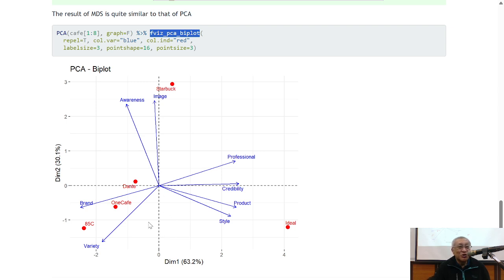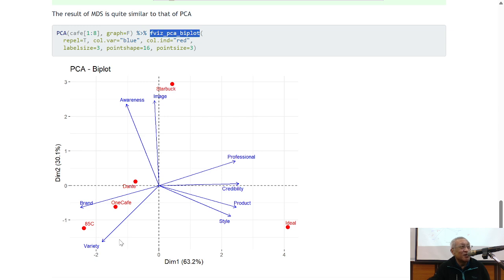So we have 8 dimensions, and I'm compressing these 8 dimensions into the 2-dimensional space. Every red dot is a brand, and every blue arrow is one of the variables of our interest.